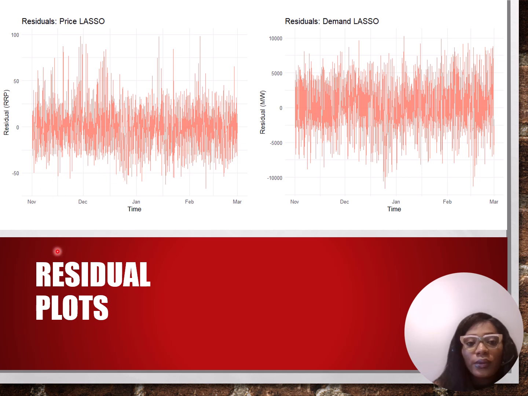Now, if you look at the residual plots, you can see that the residuals hover around zero the whole period, which shows that it's unbiased. And there is no obvious pattern, so there's no trend or seasonality left in the errors. So we can say that the model captured the systematic structure.